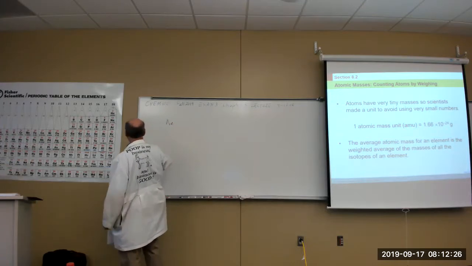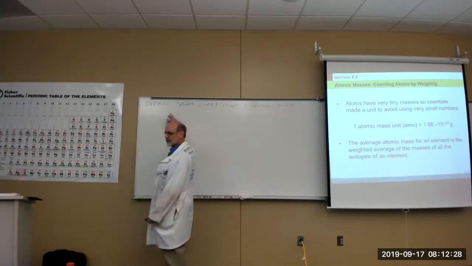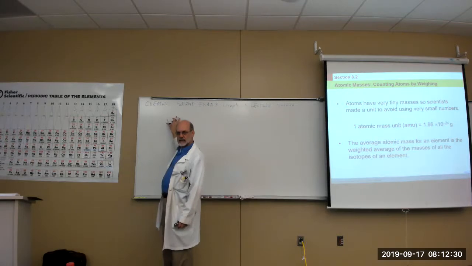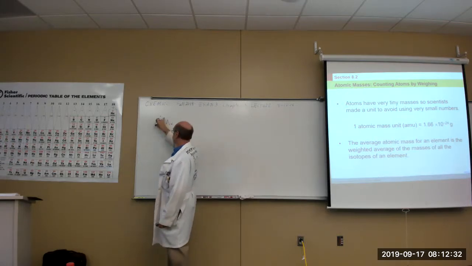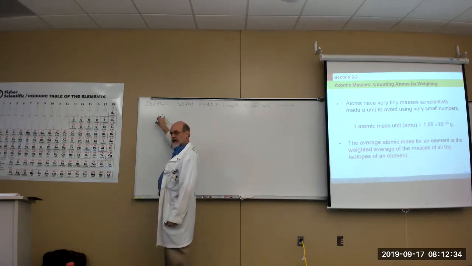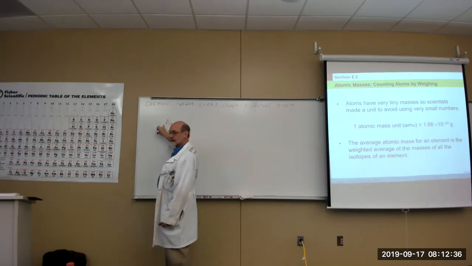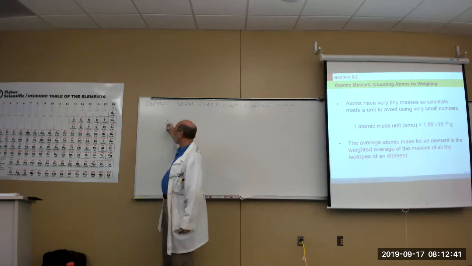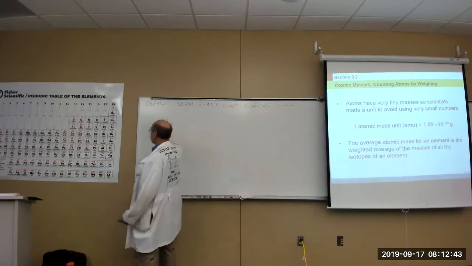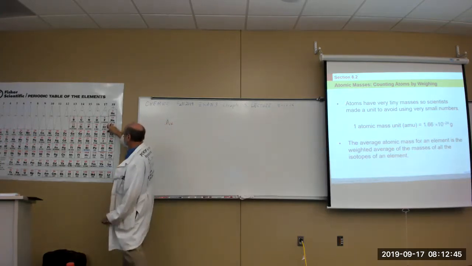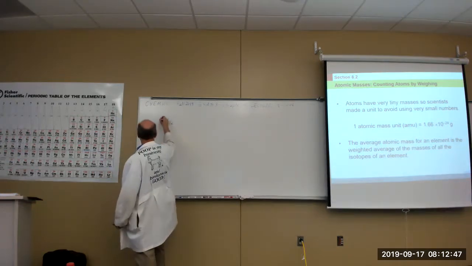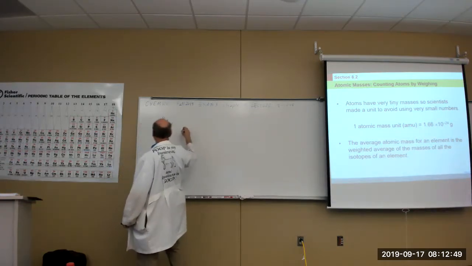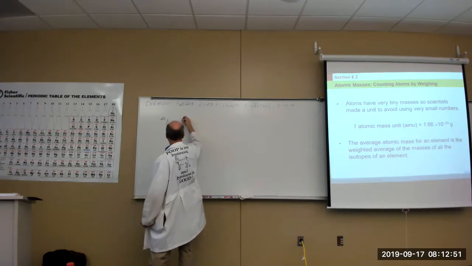So neon, remember the 4 positions around the symbol. This is the mass number, this is the atomic number, and then this is the number of atoms, and that's the charge. So the mass number here could be 20, but it could also be 21.